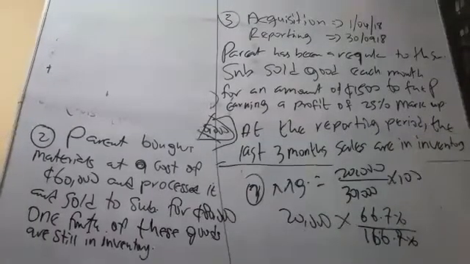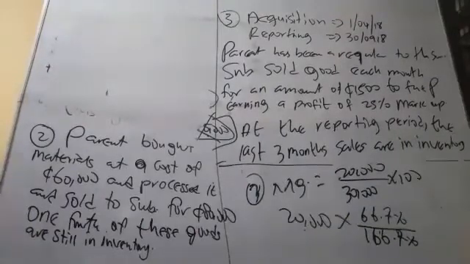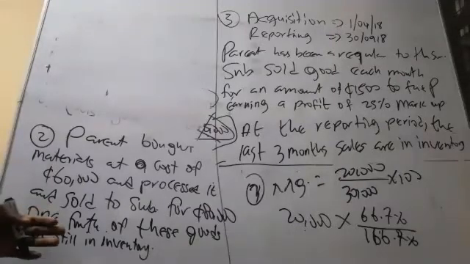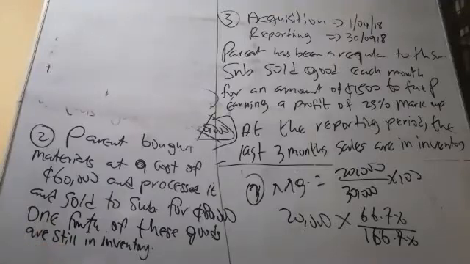Great. So it goes like this. Parent bought materials at a cost of 60,000 and processed it, sold it to SAP for 80,000. One fourth of these goods are still in inventory. You can use all the approaches that we used first.